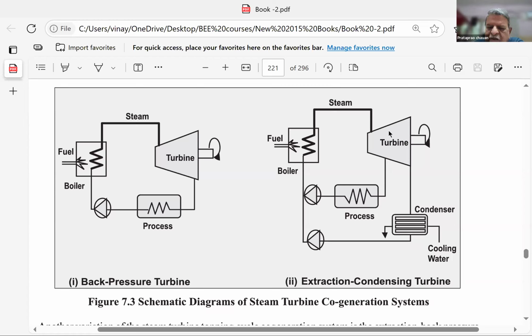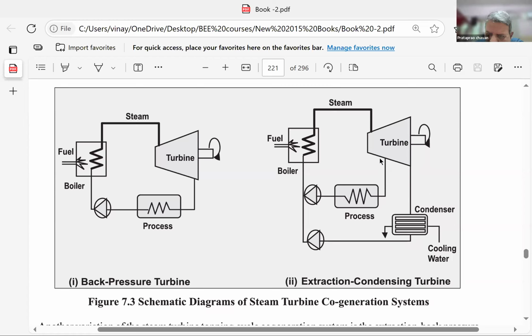And the remaining steam, some part of the steam, will be allowed to exhaust in a condenser and the water will be going to the cooling tower and the usual loss is there. The condensate here will again go to the boiler. So it is extraction condensing. That means steam is extracted before it is allowed to finally cool down in a condenser.